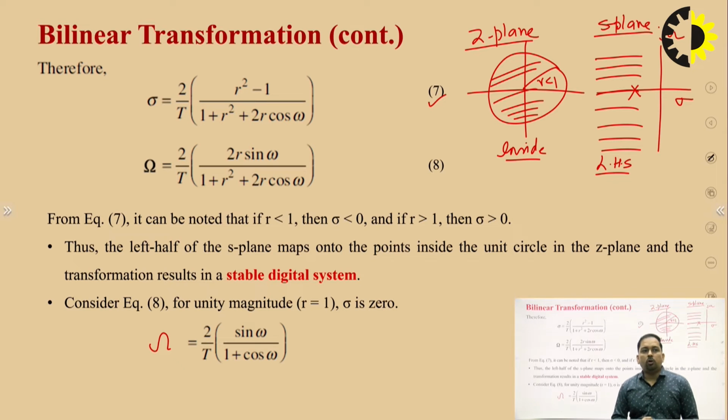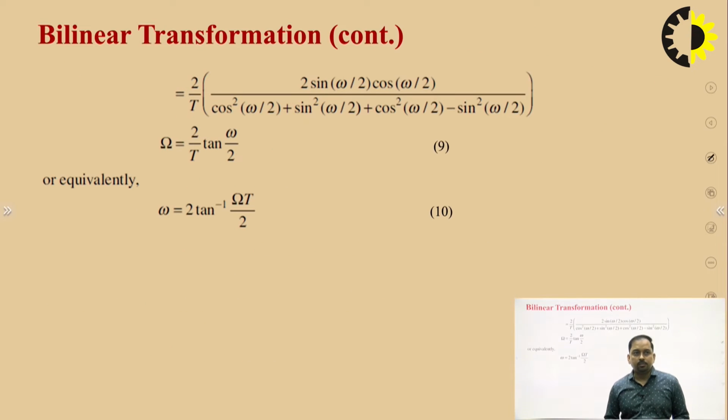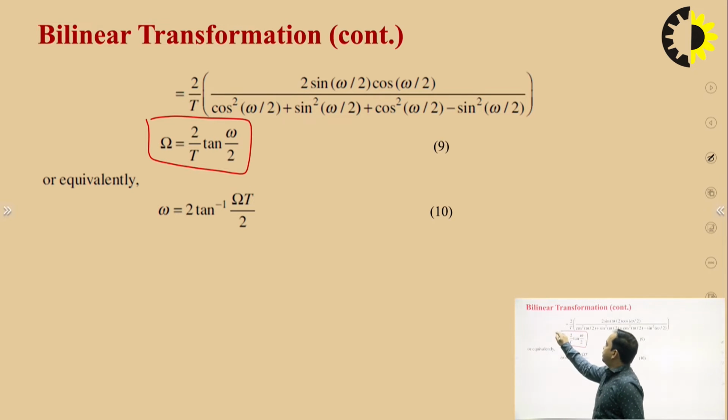The numerator can be written as 2 times sin(omega/2) cos(omega/2). Similarly, 1 + cos omega can be written as 2 cos^2(omega/2). With the help of these trigonometric relationships, we can simplify this expression as omega = (2/T) tan(omega/2).